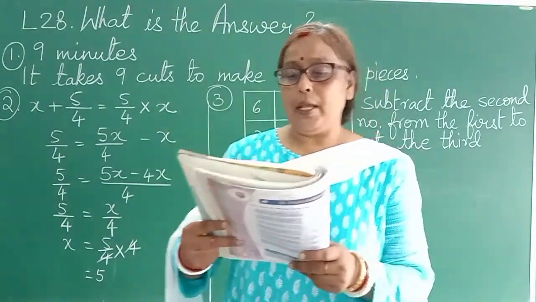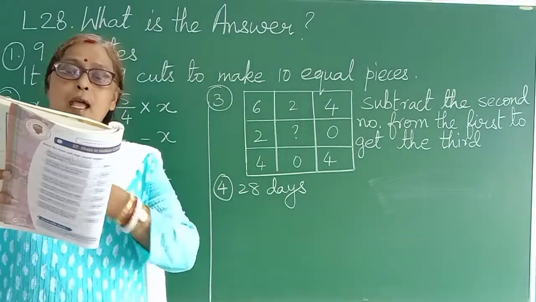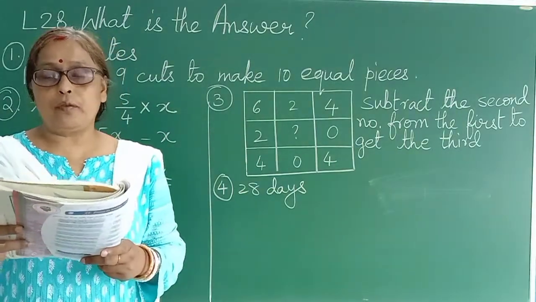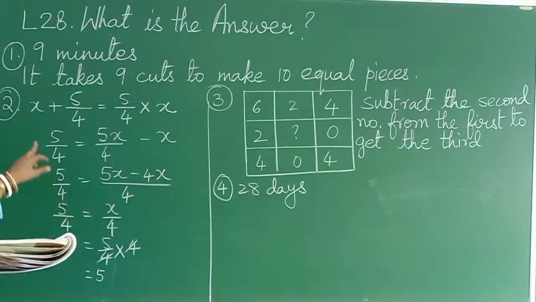Which number when added to 5 by 4 gives the same result as when it is multiplied with 5 by 4? Now children, I have solved this question for you.